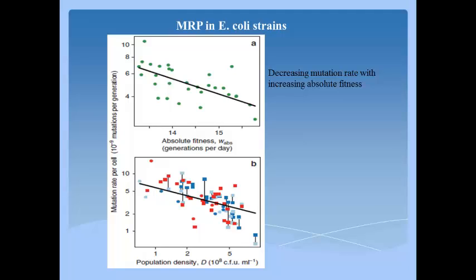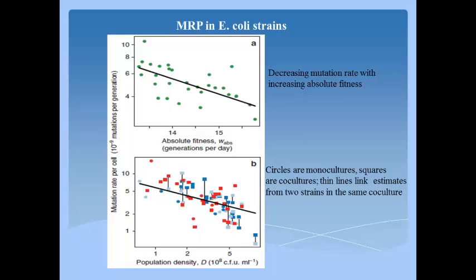Absolute fitness is affected by many independent variables or parameters, including culture volume, inoculum size, viability, productivity, and nutrient availability. Using various conditions by manipulating the strains paired, ancestral or evolved, culture volume, and culture period, authors eliminated various hypotheses and fitted a linear model for mutation rate with population density D, as shown in the bottom figure.